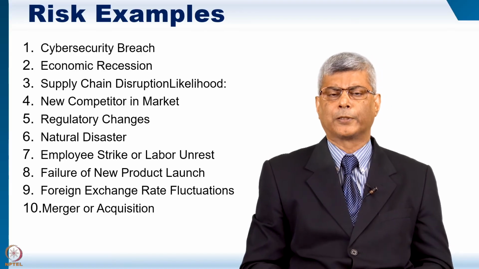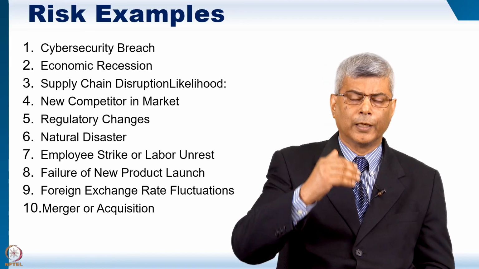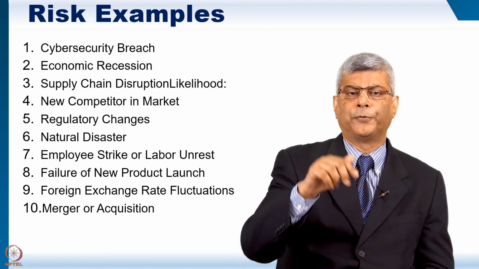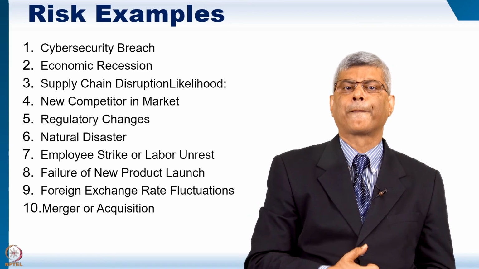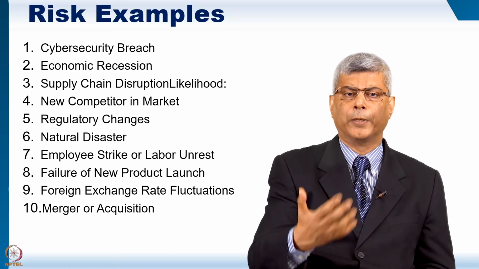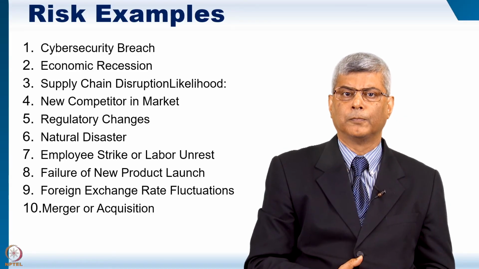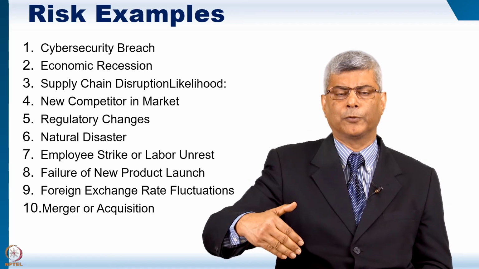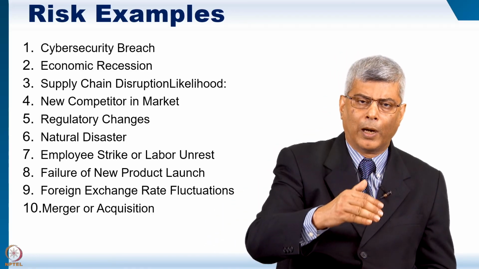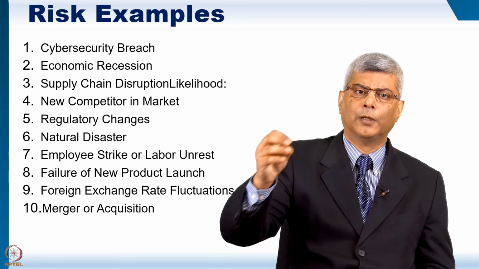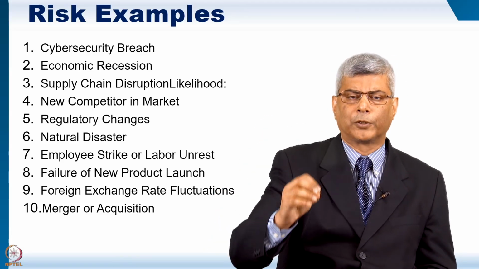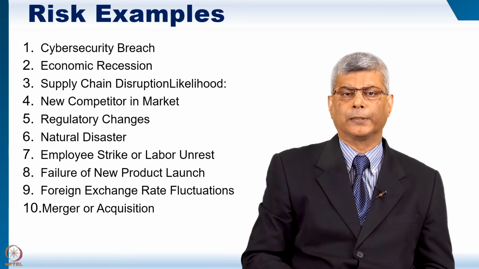Foreign exchange rate fluctuation. What happens is that if you are importing products, if your product is based on imported components, for example, you're buying crude in US dollars, and the rupee is depreciating, which means $1 equal to 40 rupees goes up to $1 equal to 70 rupees.